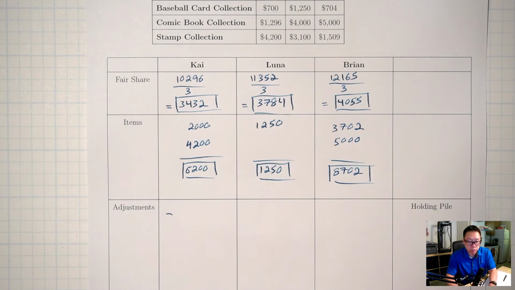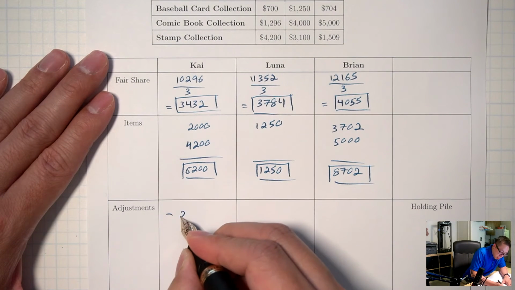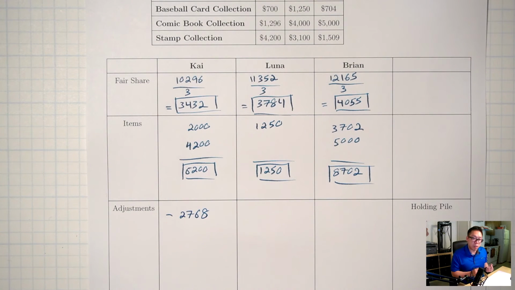So 3432 minus 6,200. Okay, I do get it negative as I expected, so negative 2768. So we're taking away $2,768 in cash from Kai and putting it into the holding pile.